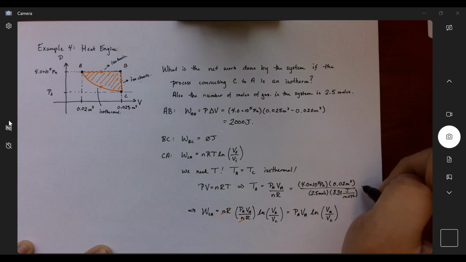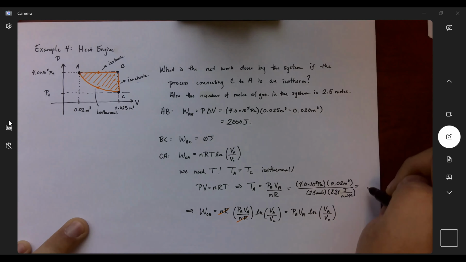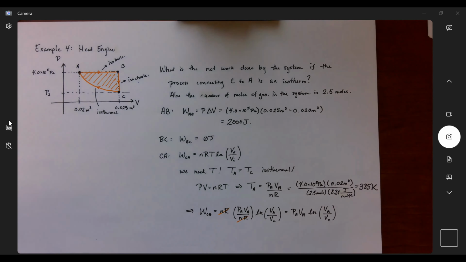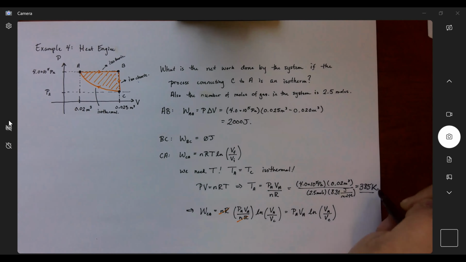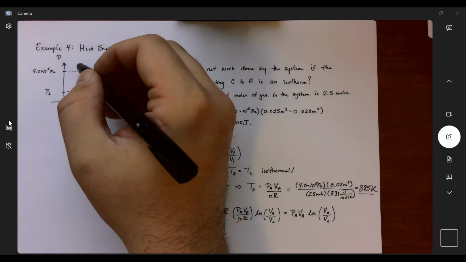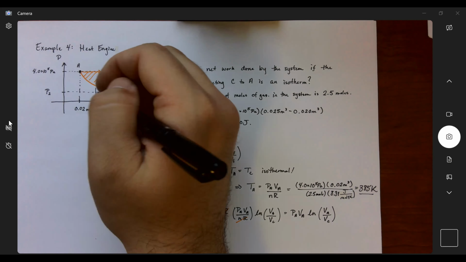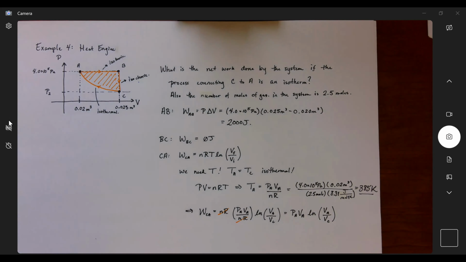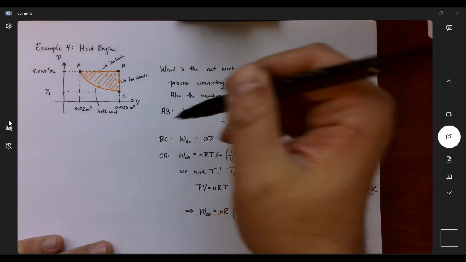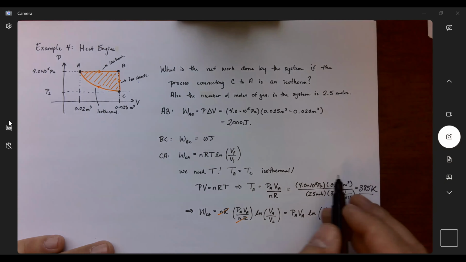Let me just doubly verify. Okay, that's fine. I didn't define that number anyways. So this should be 385 Kelvin. Okay, so that's the temperature at point A, which would mean that the temperature at point C is also 385 Kelvin.